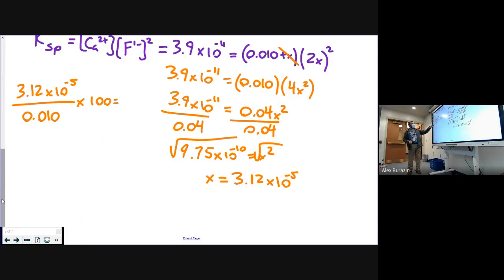What percentage of my 0.01 is the 3.12 times 10 to the negative fifth? 0.312%. Is that less than 5? Yes, we're good. We're allowed to do what we did. So we are sidestepping the awful algebra, and we're sidestepping it because we can. It makes the math way easier.